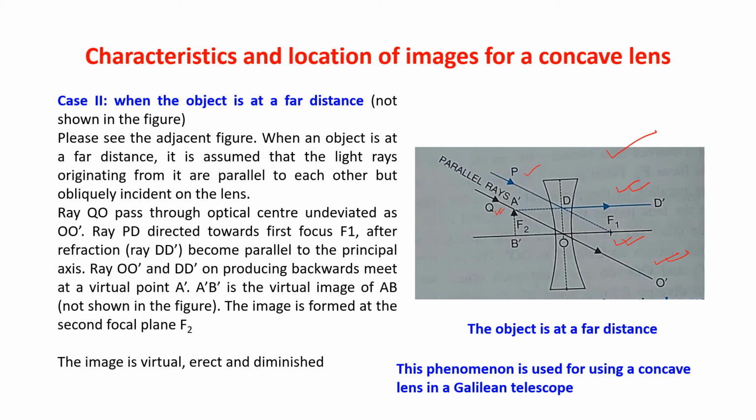The image is formed at the second focal plane. This is F2, so this will be the second focal plane. The image is virtual, erect, and diminished. This phenomenon is used for the concave lens in the Galilean telescope.